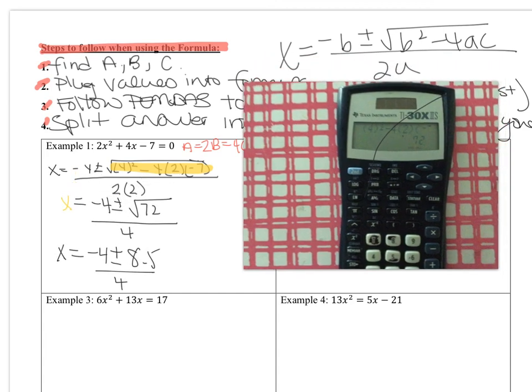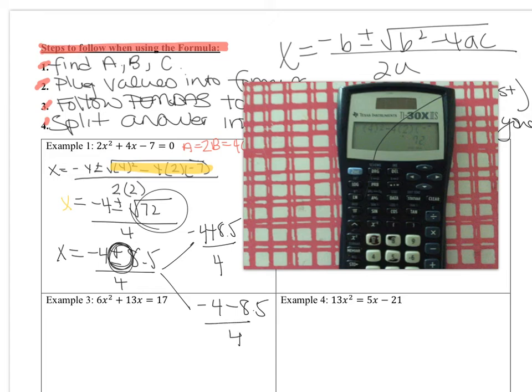So, now that I'm down to 2 numbers, or 3, I got rid of my square root, it says split my answer. So this can go in 2 directions. You can say negative 4 plus 8.5 divided by 4, or you can say negative 4 minus 8.5 divided by 4, because that's what that plus or minus tells me.